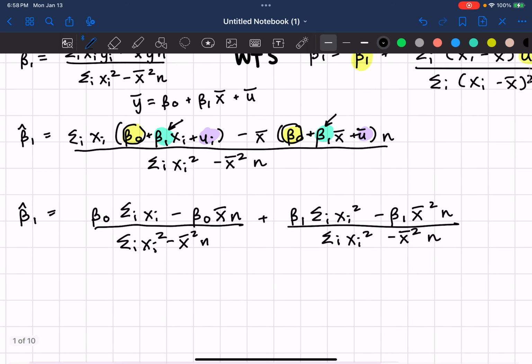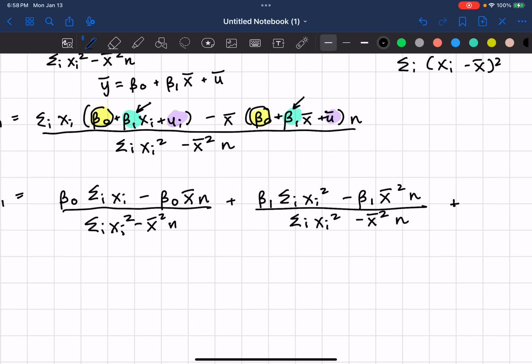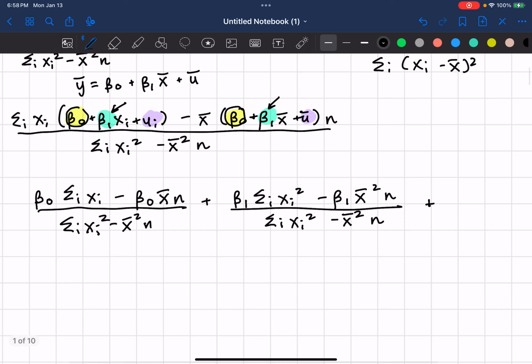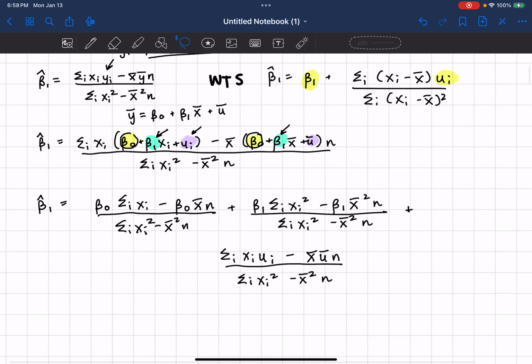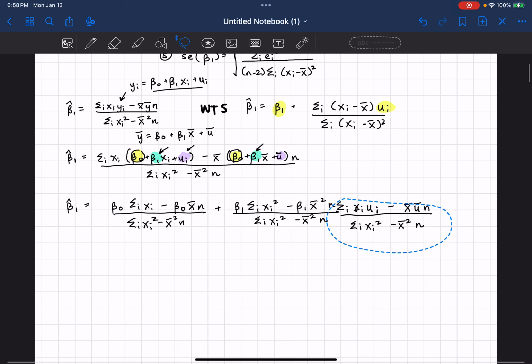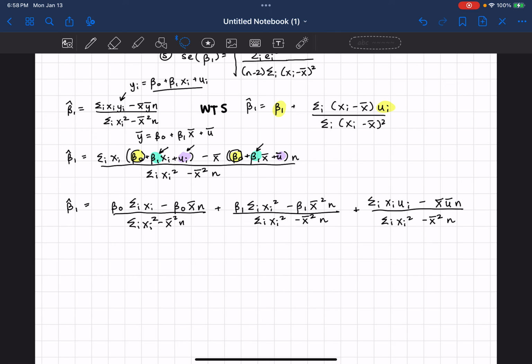And then I'll have a term with u in it. So plus sum i xi, working on this part, ui, minus x bar u bar n. And then also with that same denominator. And I'm going to see if I can move this over here. Great. Okay.